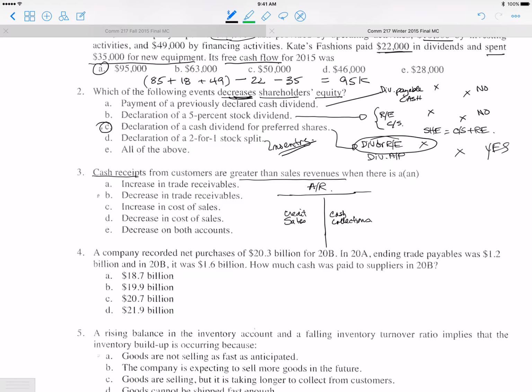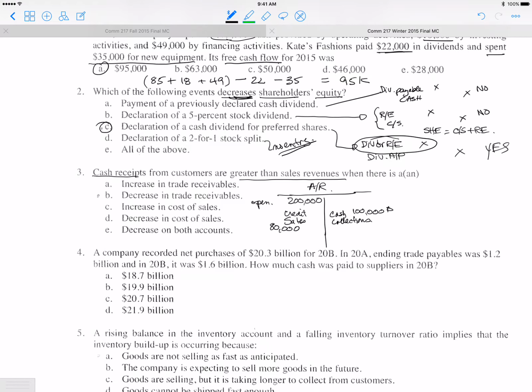Okay, so let's just plug in some numbers. I'm going to assume that my cash receipts are 100,000. And my credit sales are less because my cash receipts are greater than my sales revenue. So let's call my sales 80,000. Okay, and let's assume I had an opening balance of 200,000.